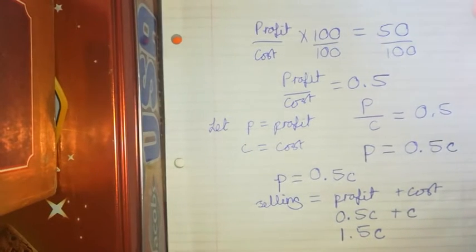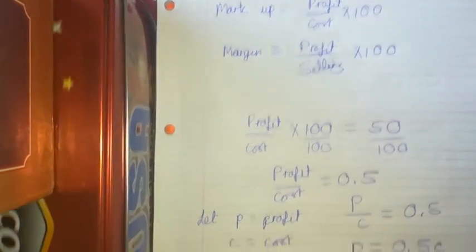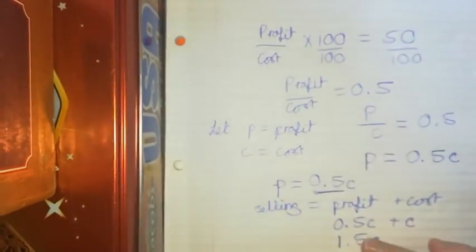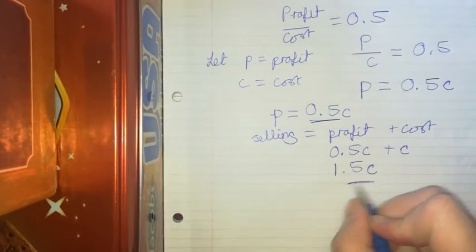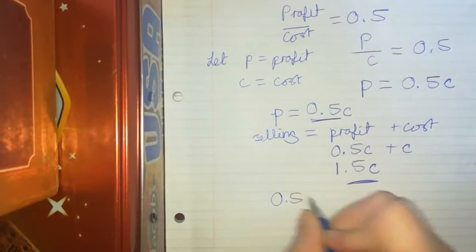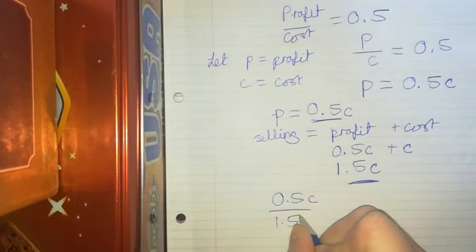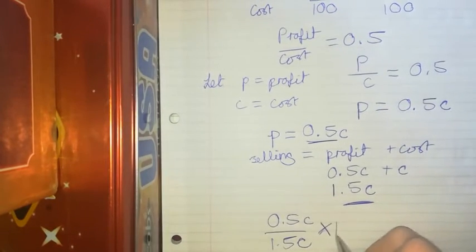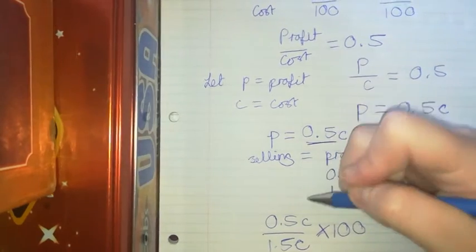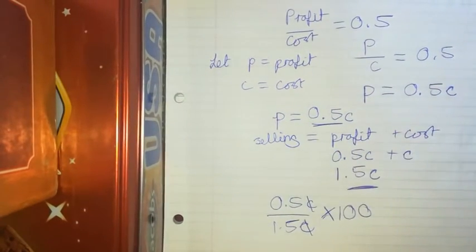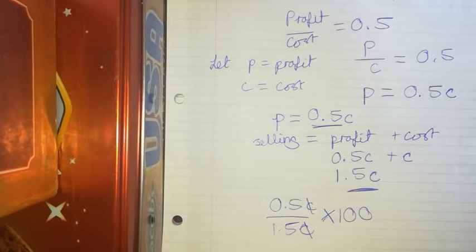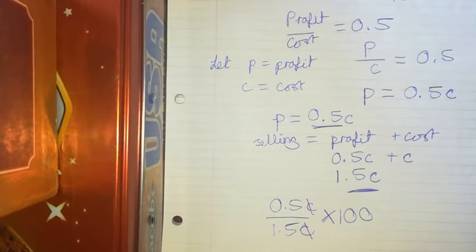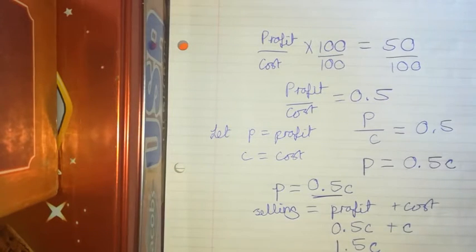The margin is the profit over the selling, so it's 0.5c over 1.5c, and then by 100. When we're multiplying by the exact same thing on the top and the bottom, it cancels. So then 0.5 over 1.5, which gives us a third, and we have to multiply that by 100.